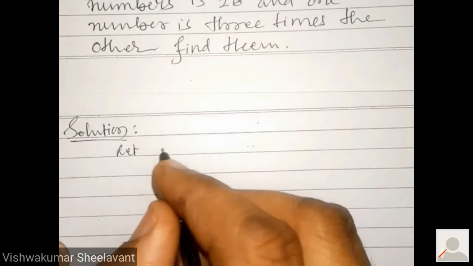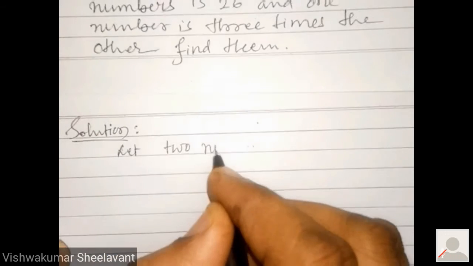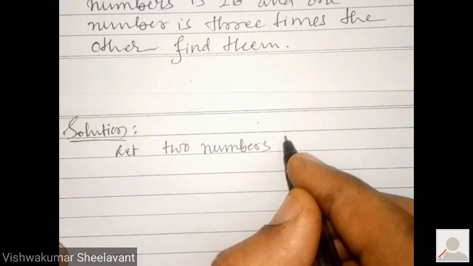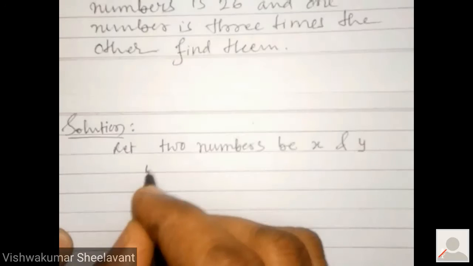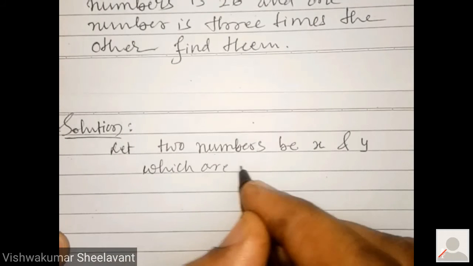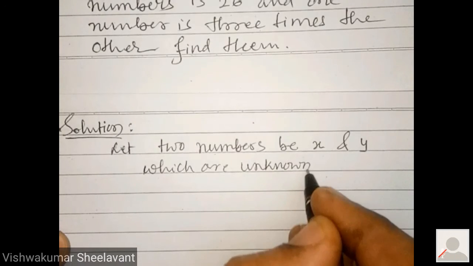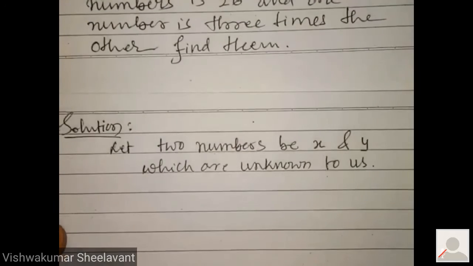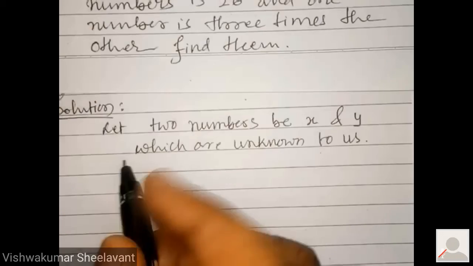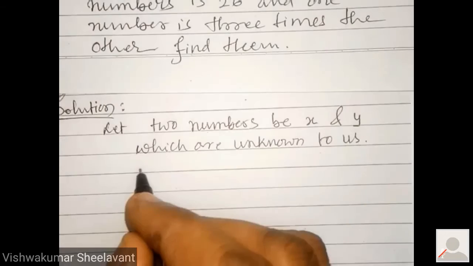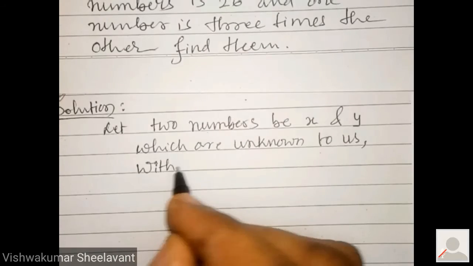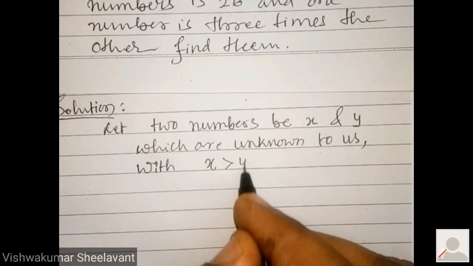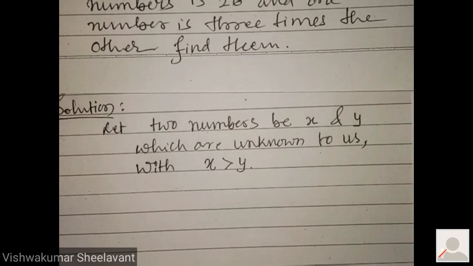So let the two numbers be x and y, which are unknown to us because we don't know them, with x greater than y, because they are given one number is 3 times the other number.